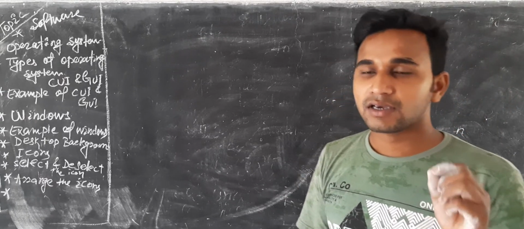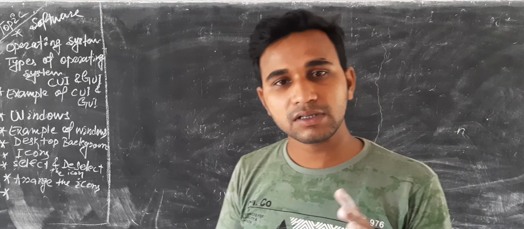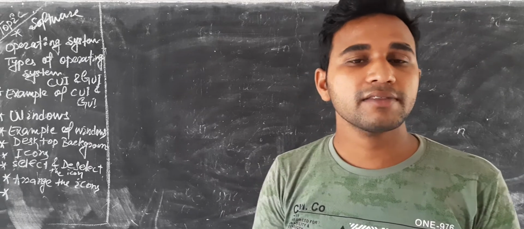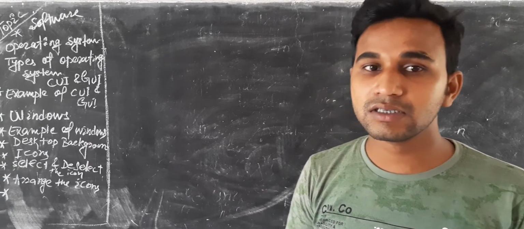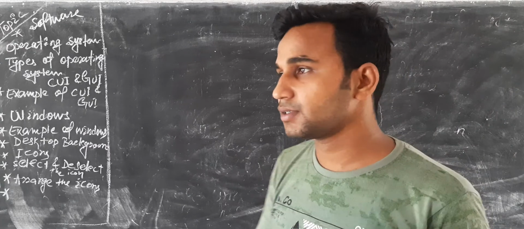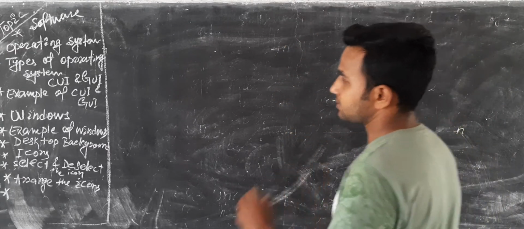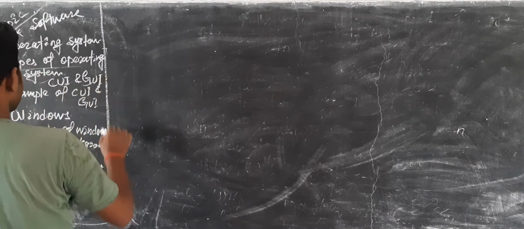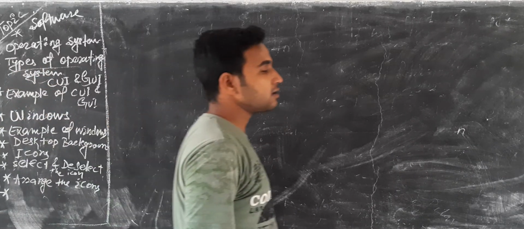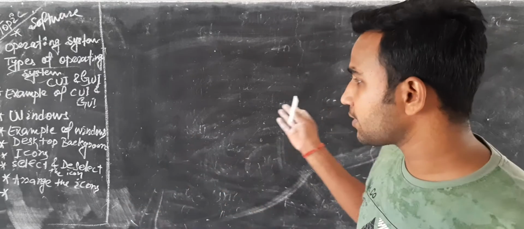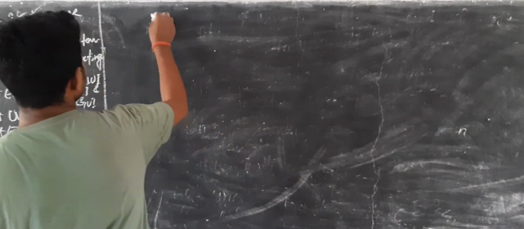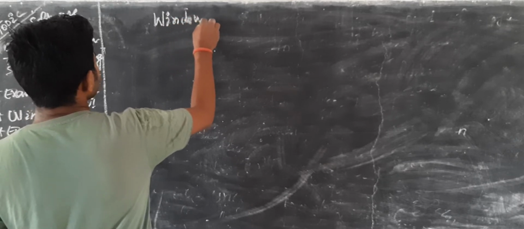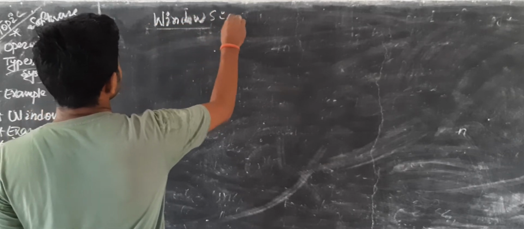GUI, graphical user interface, depends fully on graphics, and CUI, character user interface, depends on commands. So the second topic is types of operating system, CUI and GUI. Next, we have to complete examples of CUI and GUI. So now, Windows. This is very, very important.